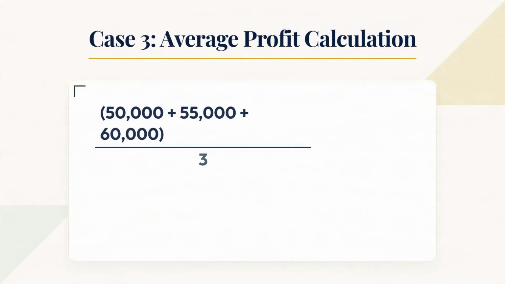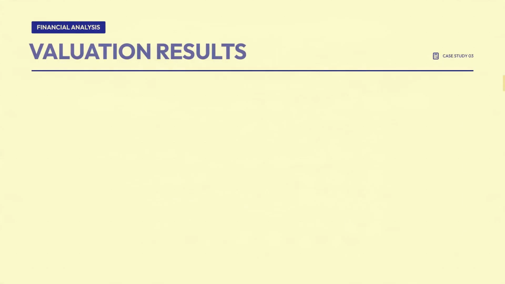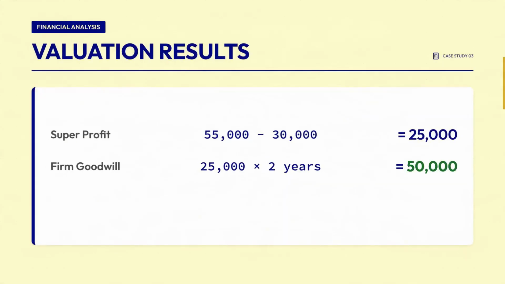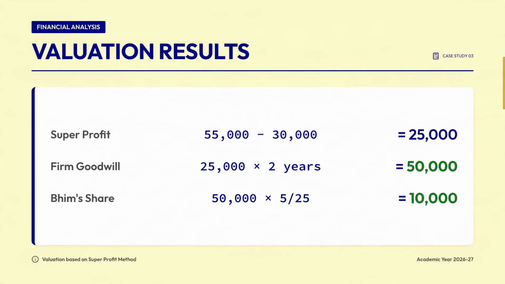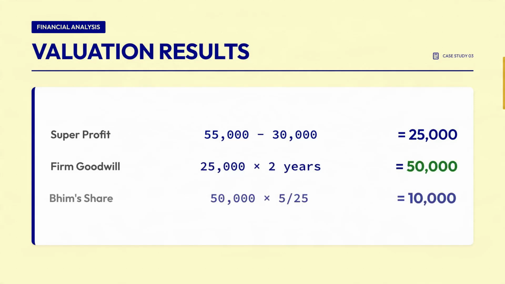We then compare this with the normal profit expected in the industry, which is given as 30,000. By subtracting the normal profit from our average, we find a super profit of 25,000 rupees. Valuing the firm's goodwill at 2 years purchase gives us a total of 50,000 for the partnership.